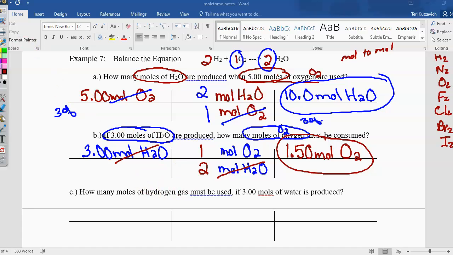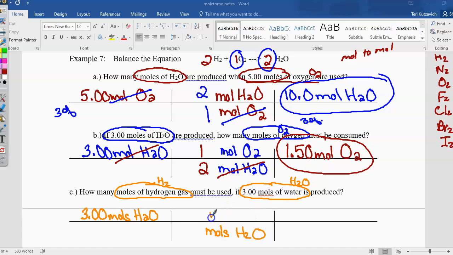And this last one. I'm given 3 moles of water and I'm asked to find moles of hydrogen gas. Hydrogen gas is H2, water's H2O. Since I'm given moles and asked to find moles, I know it's a mole-to-mole problem. So I'm going to start by writing down my 3 moles of H2O. Moles of H2O has to go on the bottom to cancel. Moles of your hydrogen gas goes up top.